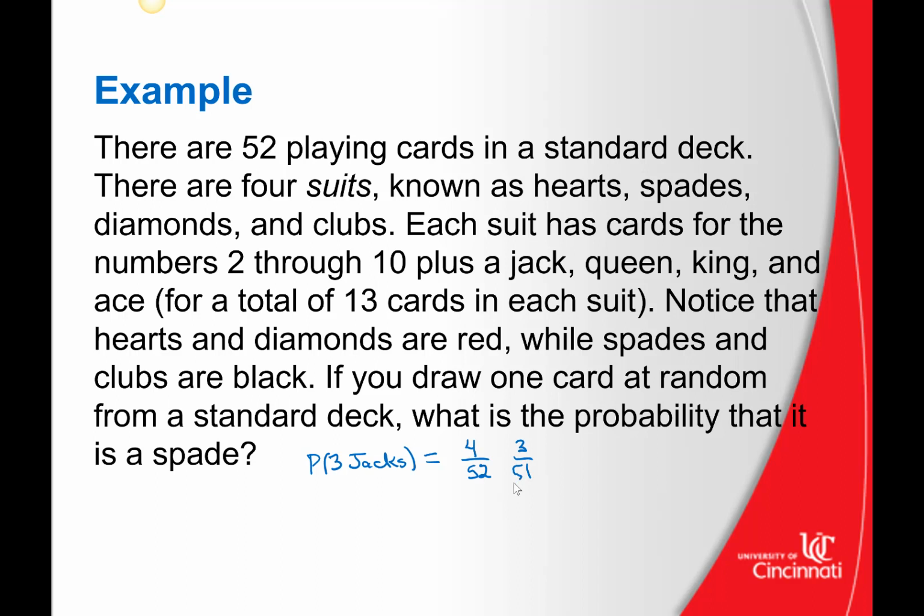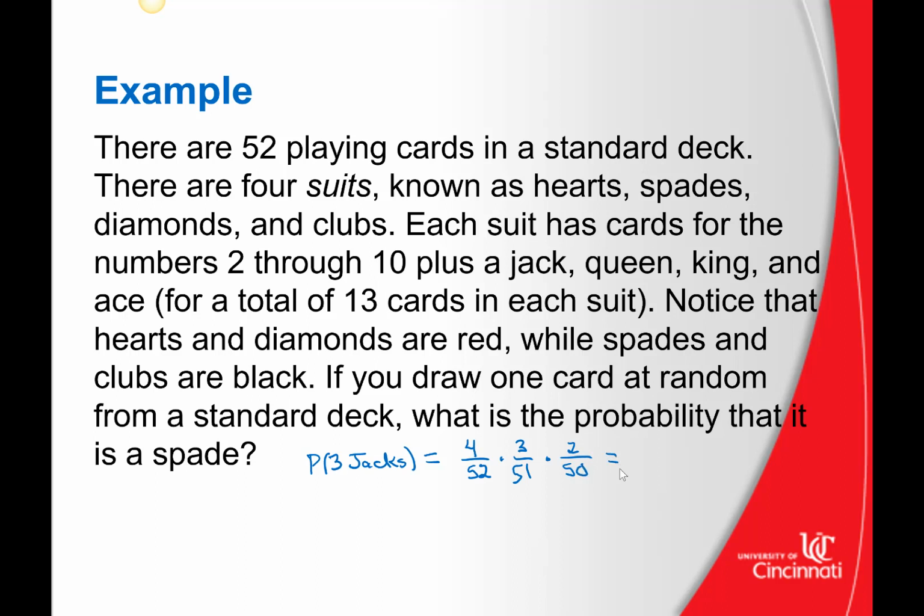And lo and behold, she pulls out a second Jack. Whoa. Okay, she's good. Now, she's holding 2 Jacks in her hand. How many are still in the deck? How many Jacks are still in the deck? Need to be a little more careful on what I say. 2 Jacks. How many cards total? 50.